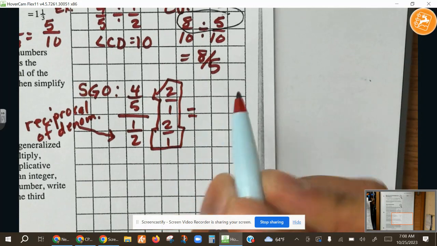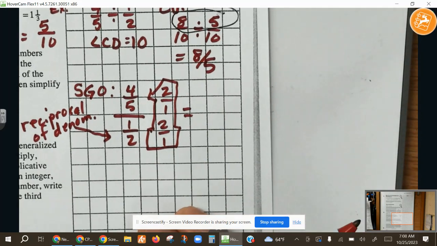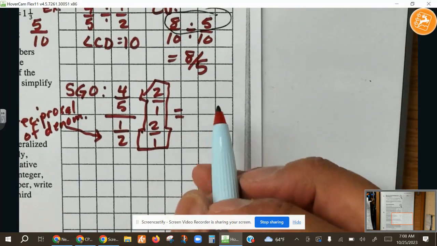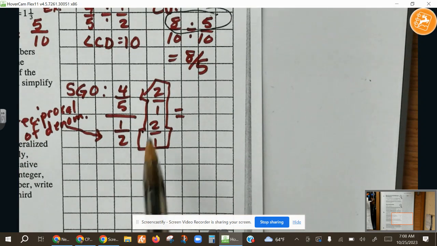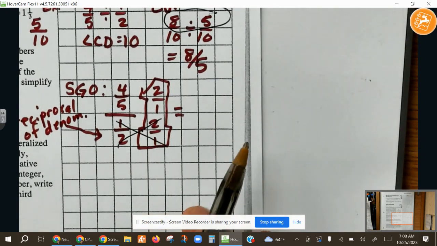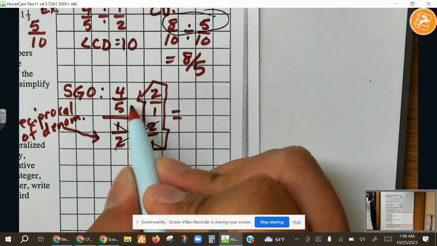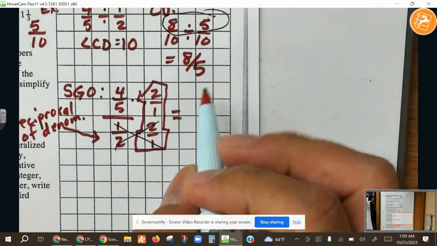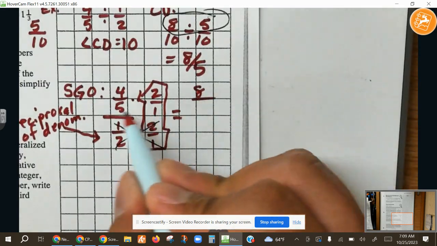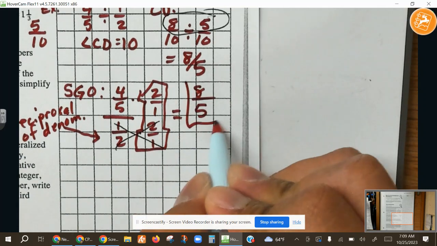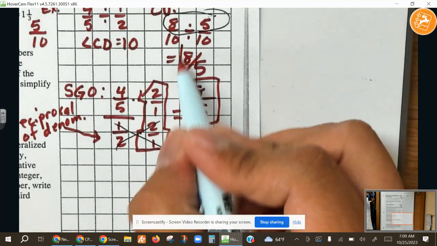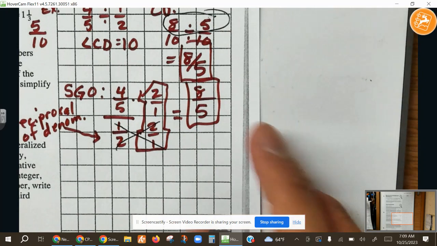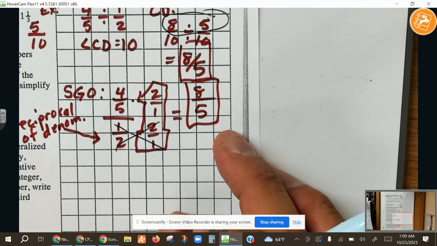Okay, now this will give us the new problem because we can pretty much ignore this. This is 1. And now we can just multiply straight across. 4 times 2 is 8, and 5 times 1 is 5. There's our answer. So that is the supergiant 1 method.